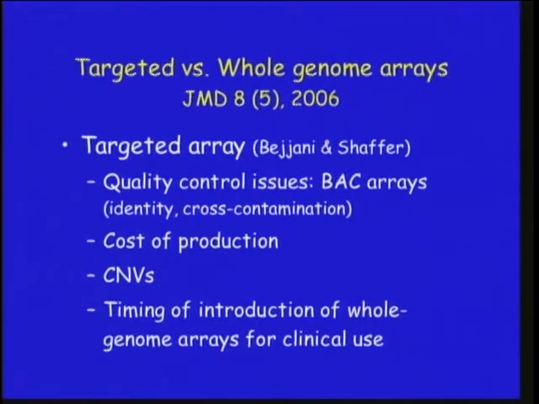And in the database, occasionally some of the clones don't map to where they're supposed to, or some of them will cross-hybridize to more than one region of the genome, so there can be identity issues with the BACs. And again, there can be cross-contamination issues with the more clones you have, either between the BACs themselves or between PCR products. It's obviously more costly to produce that kind of array, and copy number variants can present a big problem.